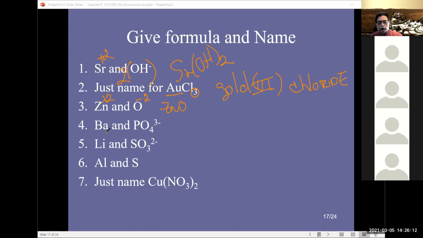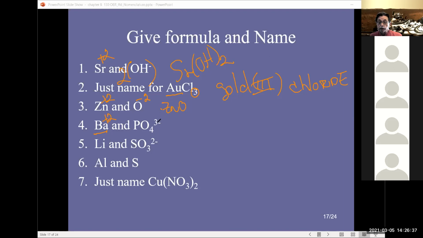We got barium. Well, we got to find it. What is this charge? We find barium is in group 2. That means ionic barium would have a +2 charge. Okay. The PO4, another polyatomic ion, okay, with a -3 charge. So we got a +2 and a -3. We got to find a common number.